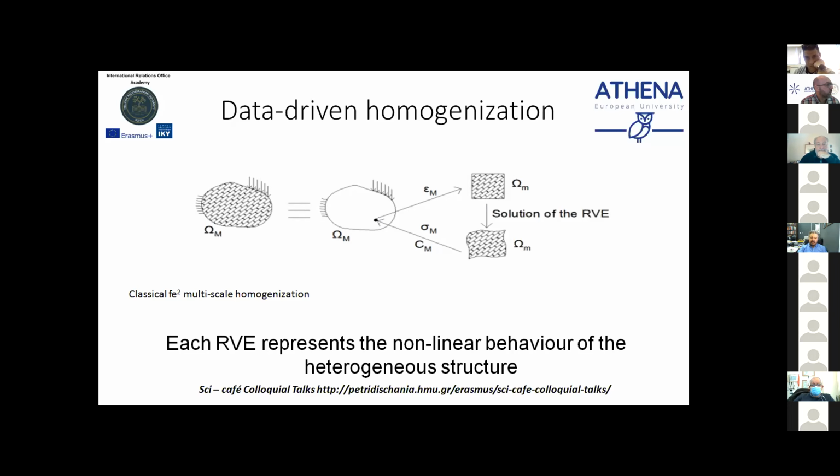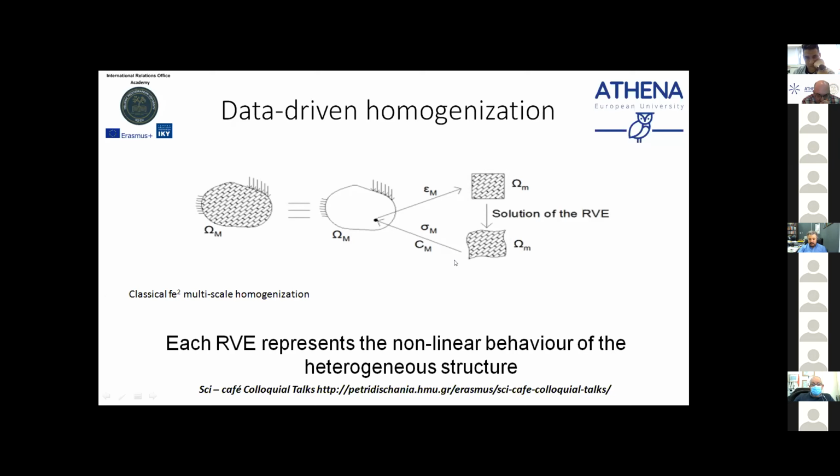This is a two-scale, a multiscale finite element analysis. This is known as FE-square multiscale homogenization. It is a very expensive task. The idea was to replace these solutions by using a database.